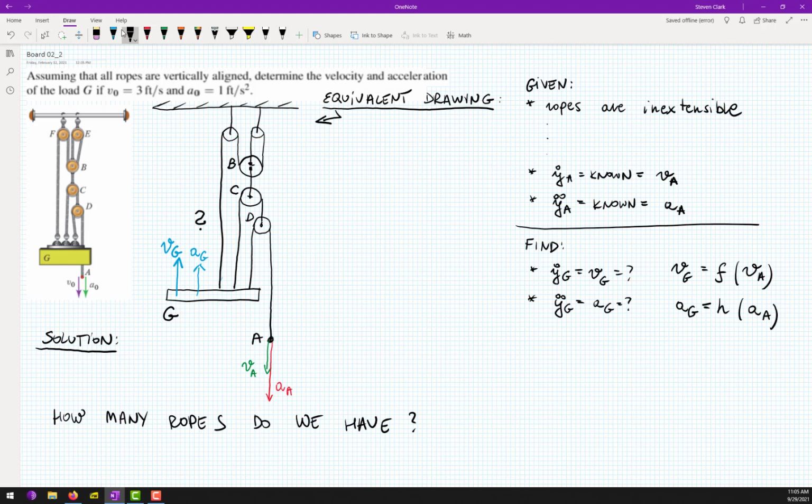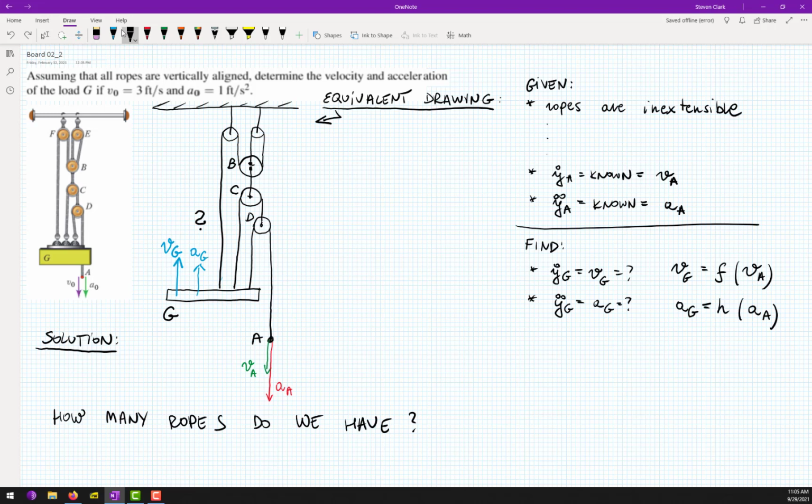All right, I see that some of you are drawing, but I hope that you don't mind, guys, if I start talking. Okay, so we have our pulley system.